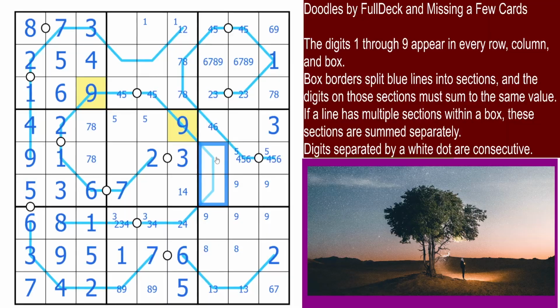Okay, so yeah, this is what I was thinking about, right? Wait, I can have this number, right? 15. Yeah, this sum is 15. So this has to be 8. This has to be 9. Now 9 has to be one of these. 8 has to be one of these, right?